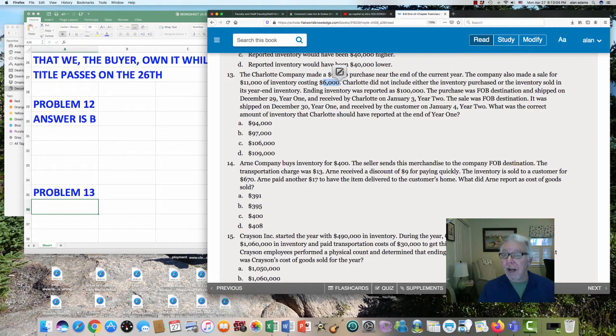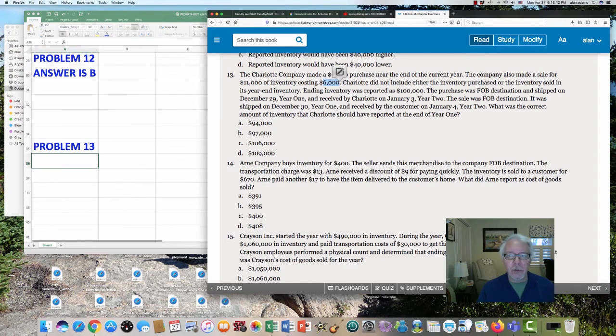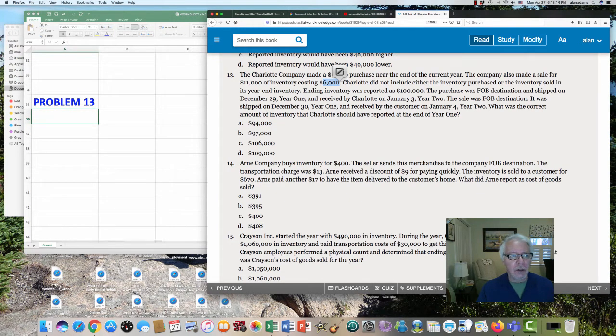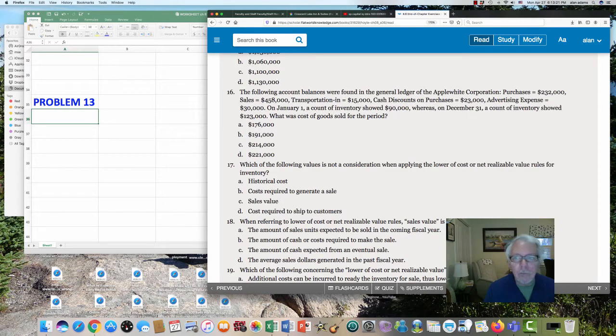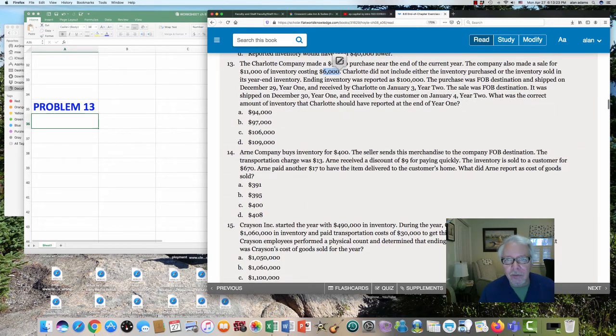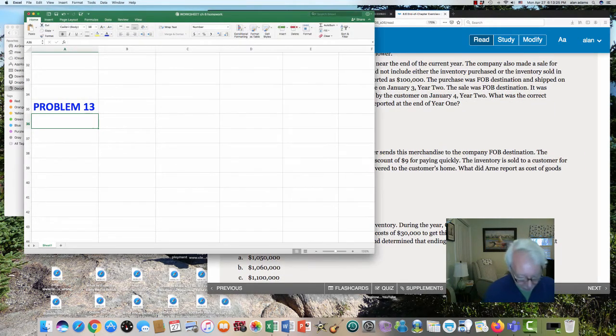Now, Charlotte did not include either what we bought or what we sold in our year-end inventory. Very good. Our ending inventory was reported as $100,000. I'll call it initial inventory. I'm forgetting which screen I'm in. Okay?